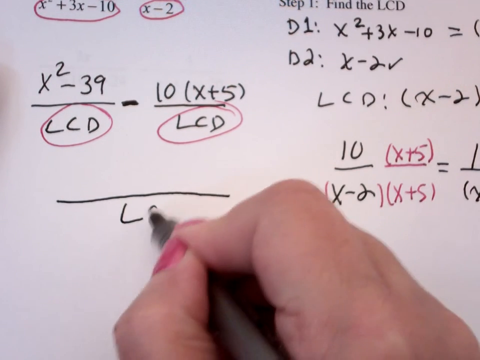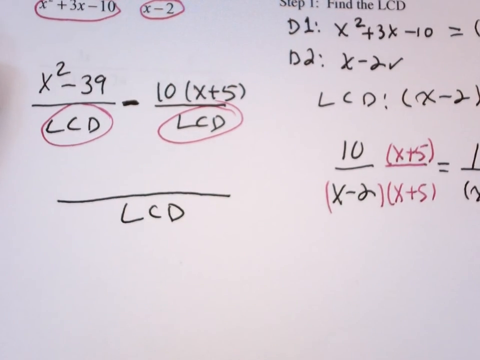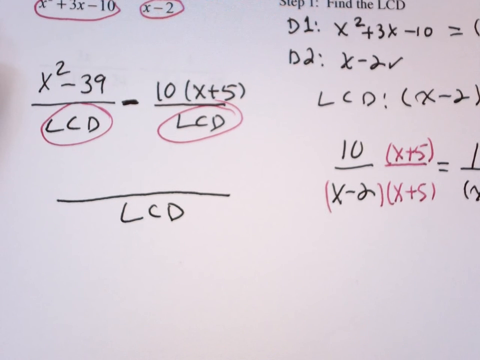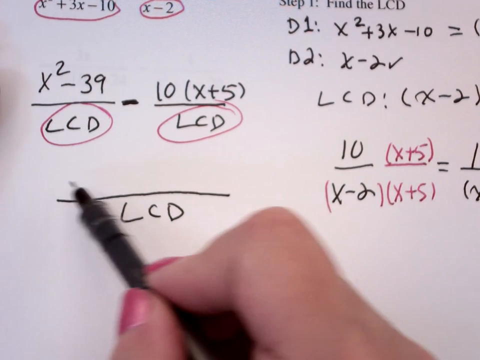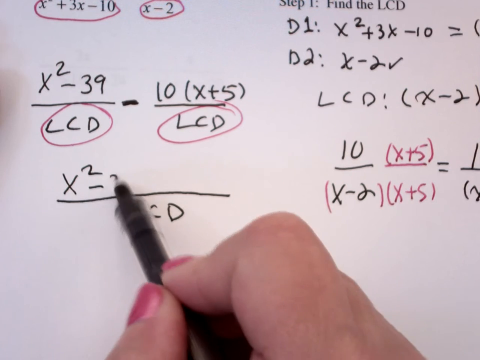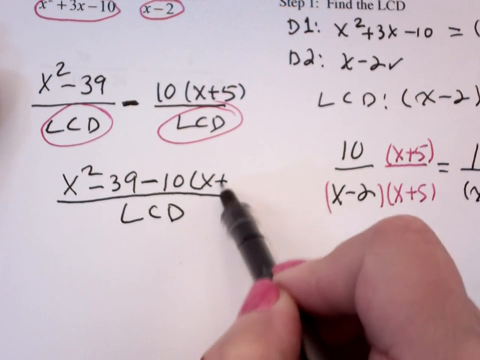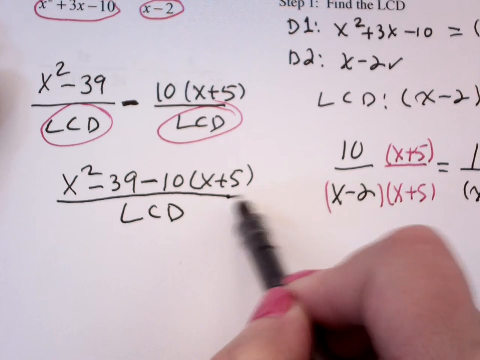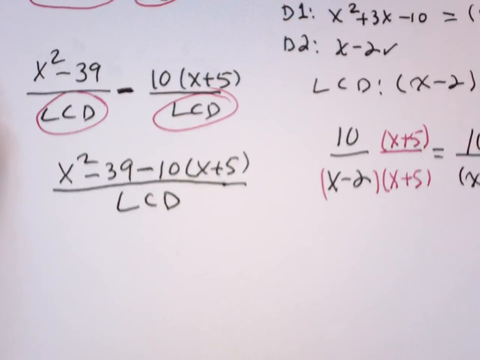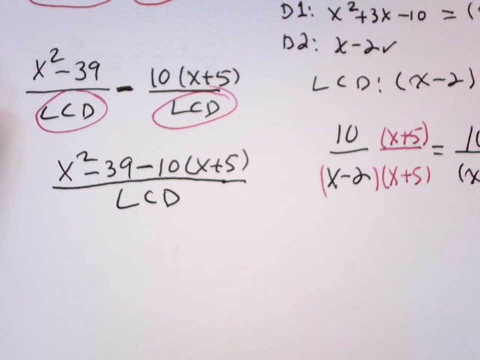Over the LCD, which I'll write in the end, just too much work to write all of these parentheses, I'll have x squared minus 39 minus 10 times x plus 5. Notice I don't try to multiply it out in my head because otherwise, guaranteed I'll drop a sign. I just will. Probably 50% of the time.